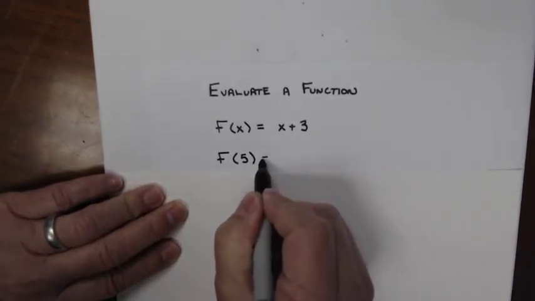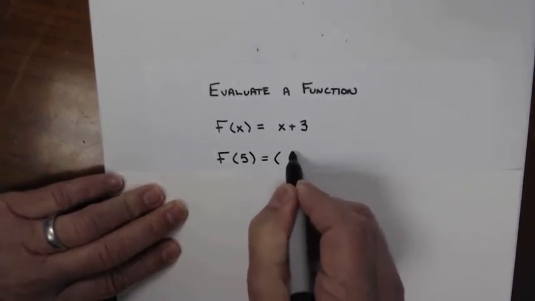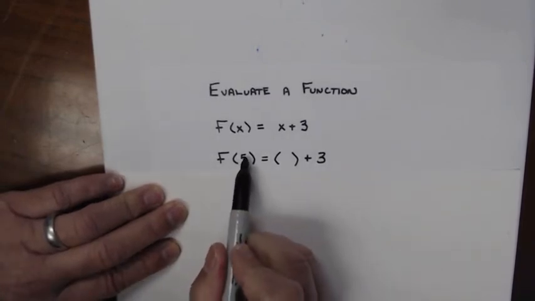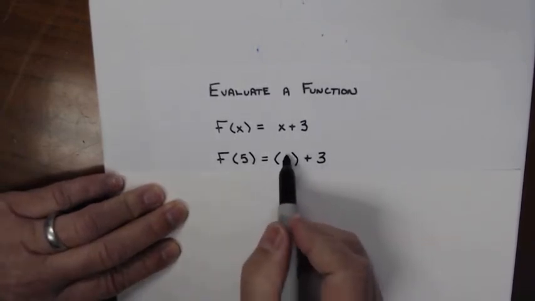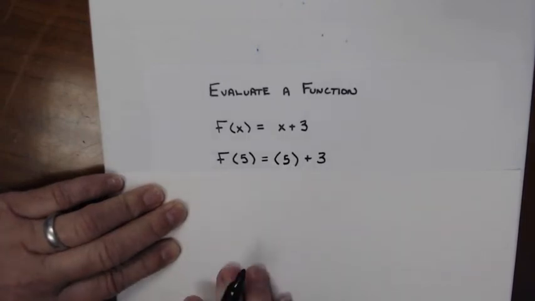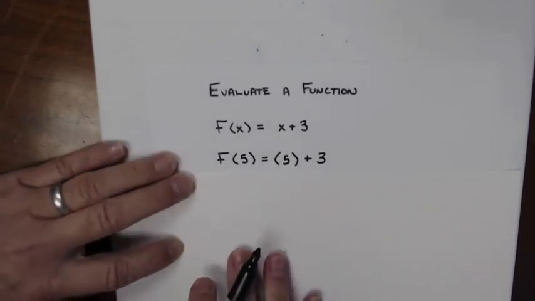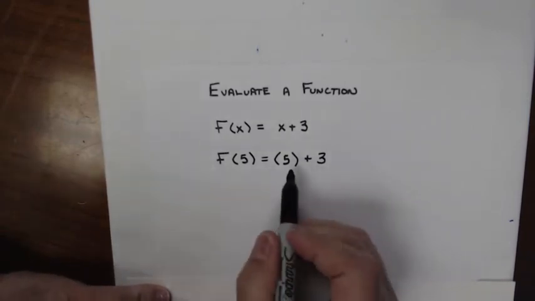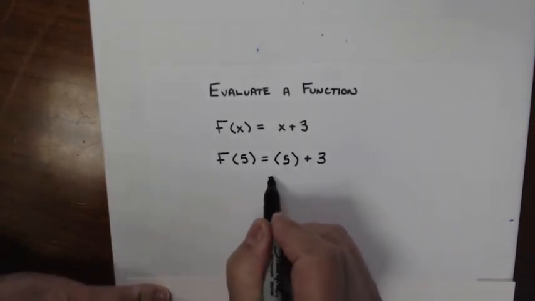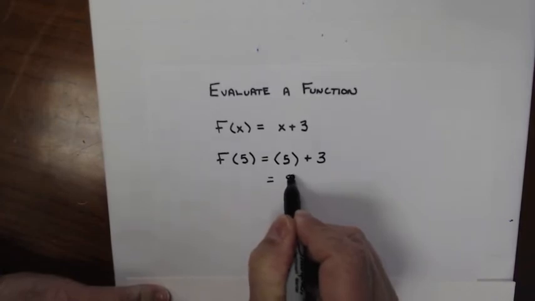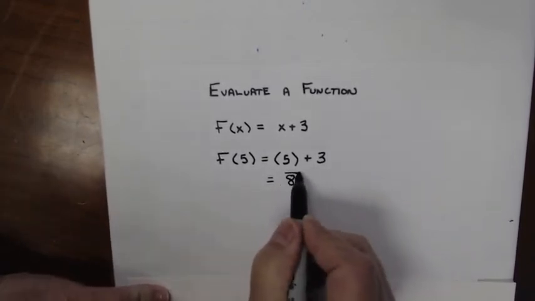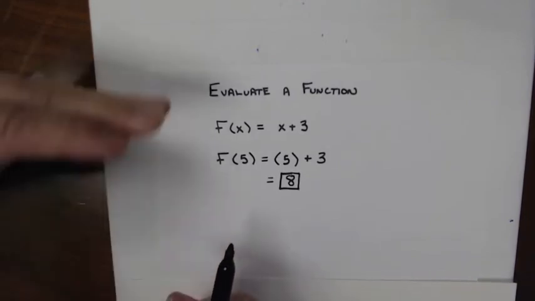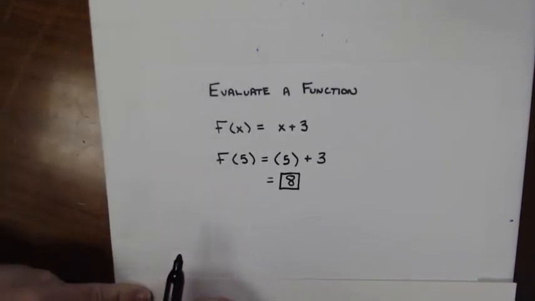Where the x is, I put parentheses, plus 3, and inside those parentheses I put a 5. Then I follow my order of operations, which tells me to add these together. 5 plus 3 is 8. This number is what you would put as your answer if they told you to evaluate this function.